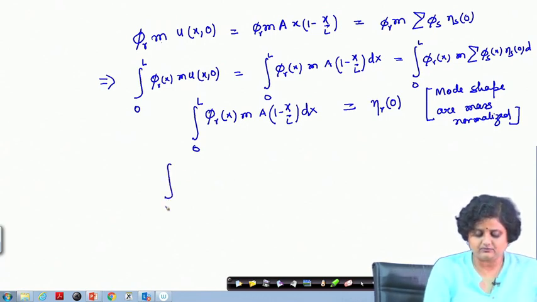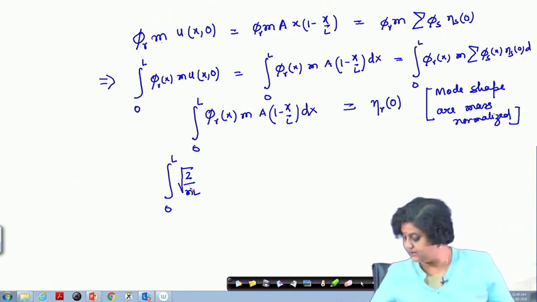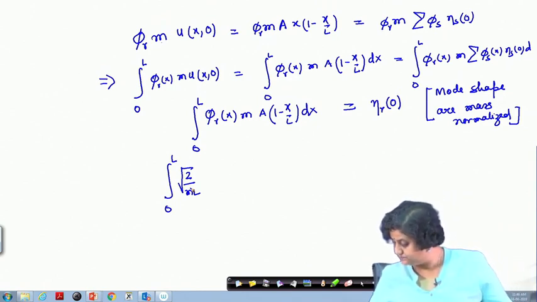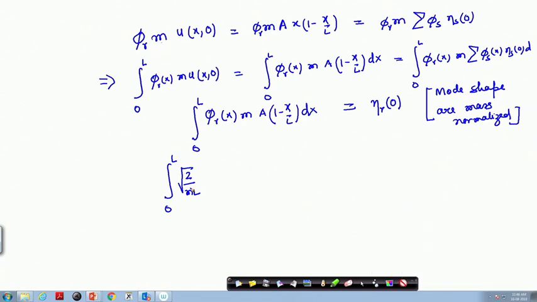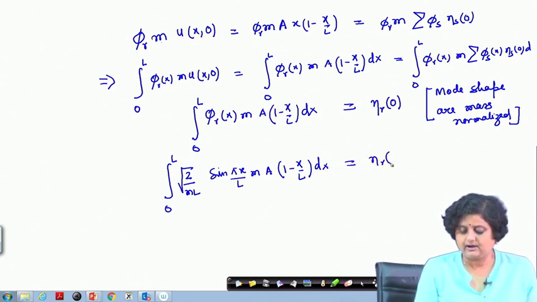Phi r x is root over 2 by m L, and I have found out the expression for phi r, which is equal to sin pi r x by L. And that is going to be equal to eta r 0.